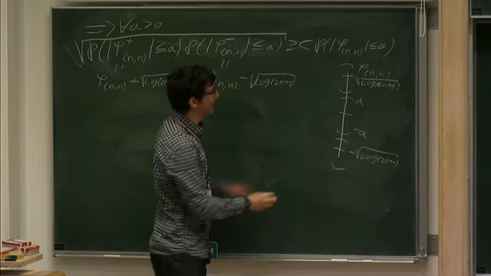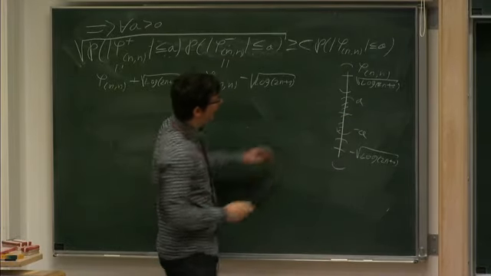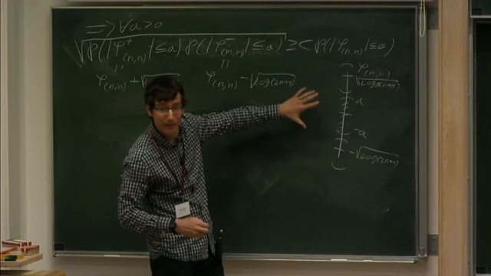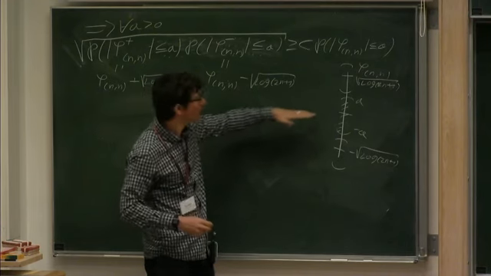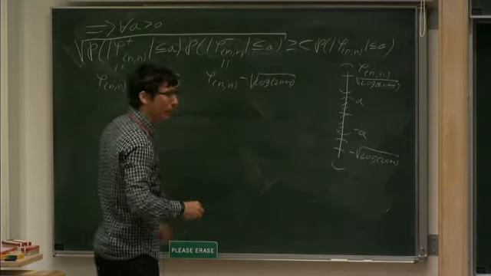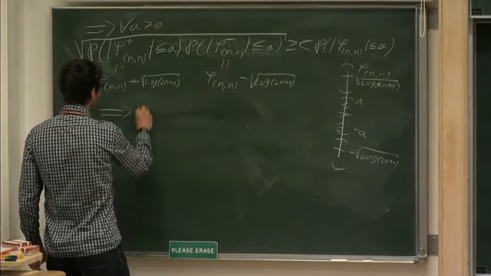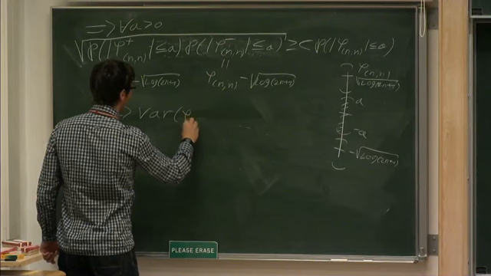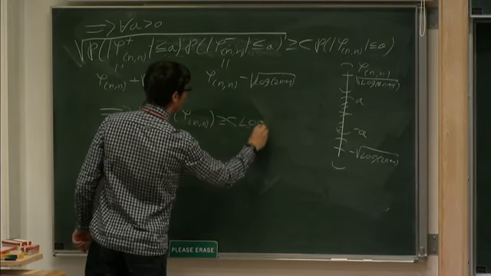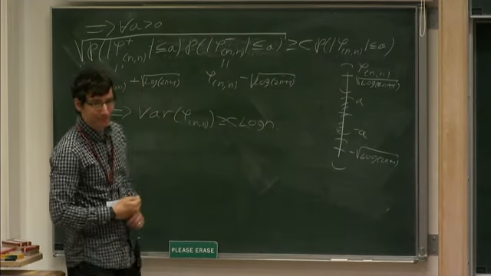And I see that whatever mass you put here, you have to put either here or there. And you also know that you're symmetric. So this allows you to conclude that your fluctuations are at least of height of order square root log n. So you conclude that the variance of phi nn is bigger or equal to c log n.